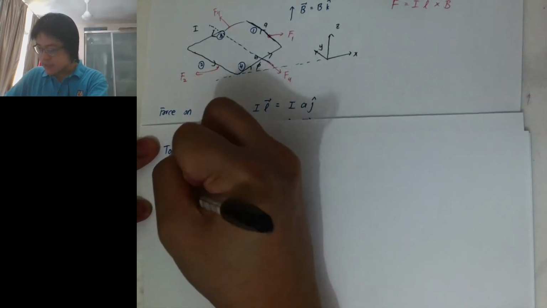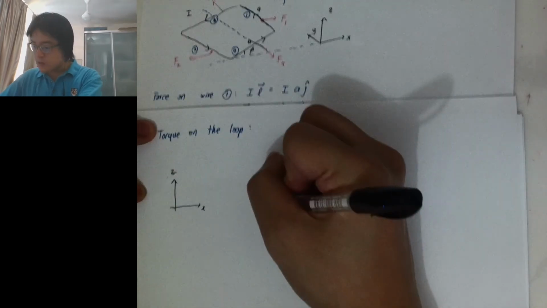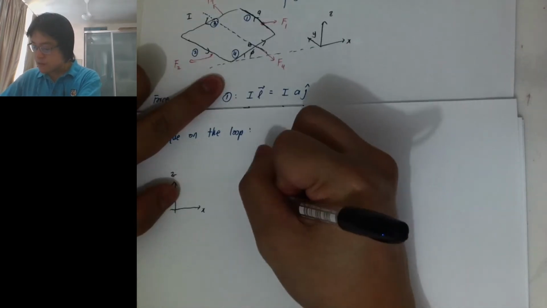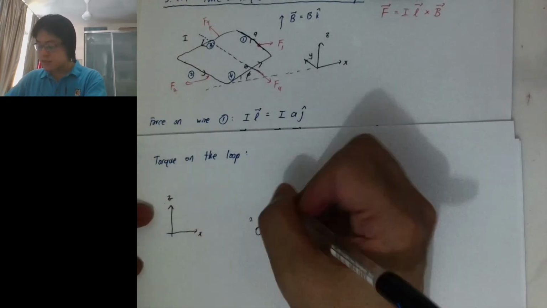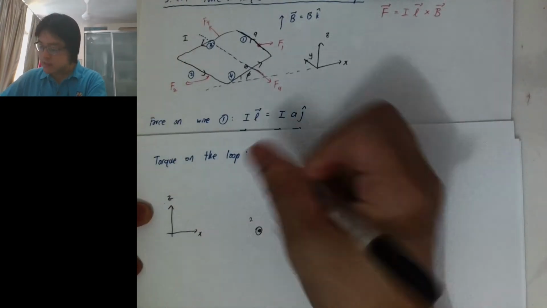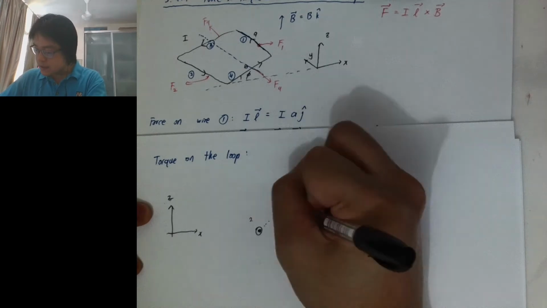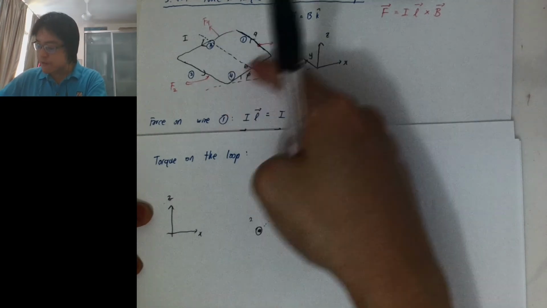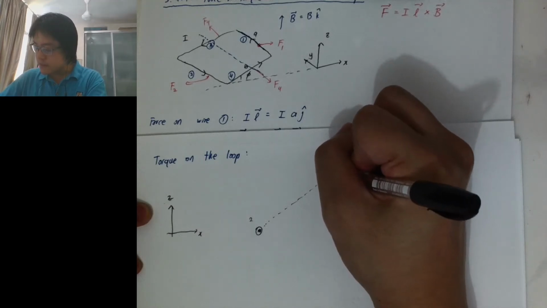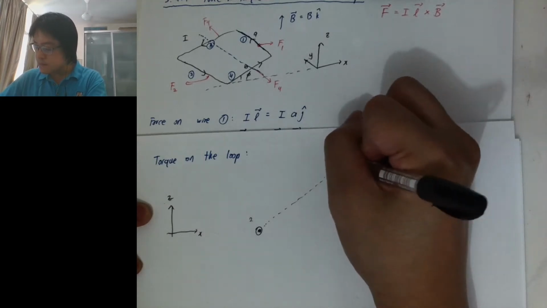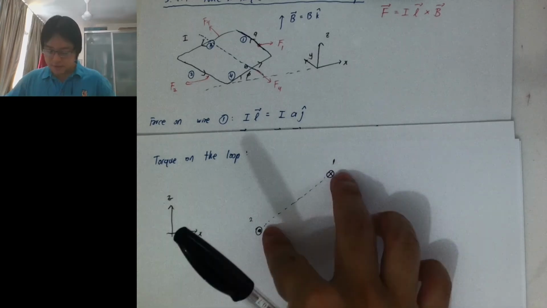This is my z direction now. So my wire 2 is coming out towards what you're looking at, right? So it's here, and then this part is wire 4, and then wire 1 is coming out here, right?